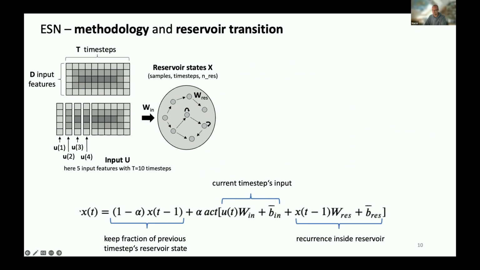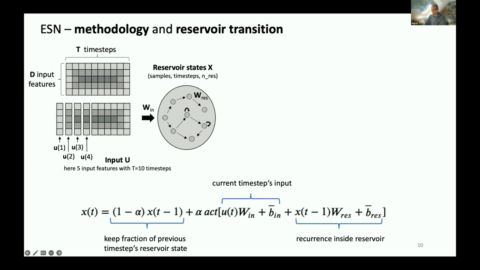So x_t denotes the reservoir states for time step t. The first part is that it just keeps a fraction of the previous time step's reservoir states, so 1 minus some constant alpha, which is called the leak rate. We're going to come back to the leak rate later, so just keep it in mind.